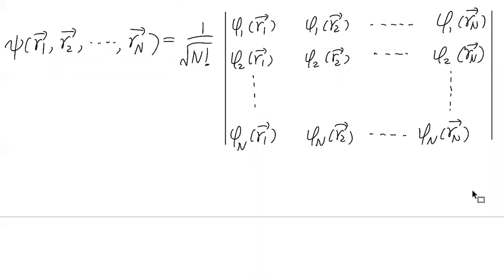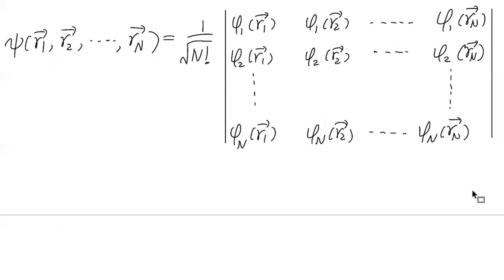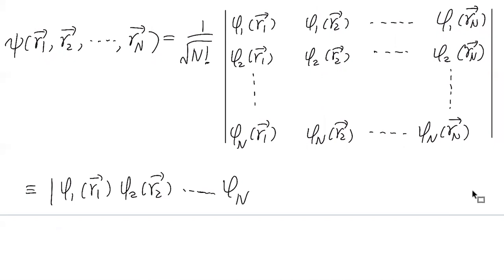So we can see this as a description for a particular electronic configuration. What is the particular electronic configuration? The configuration is phi 1 R1, phi 2 R2, until phi n Rn.